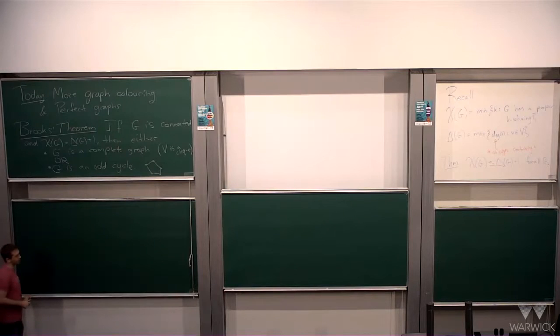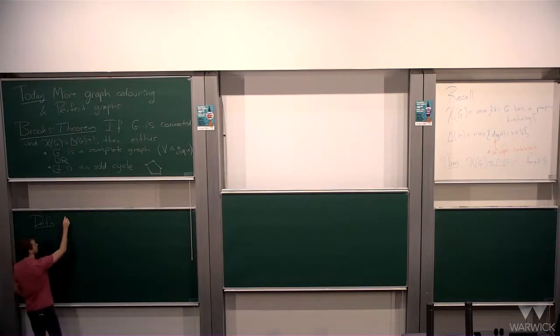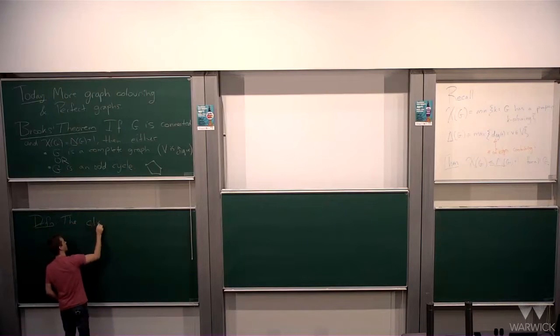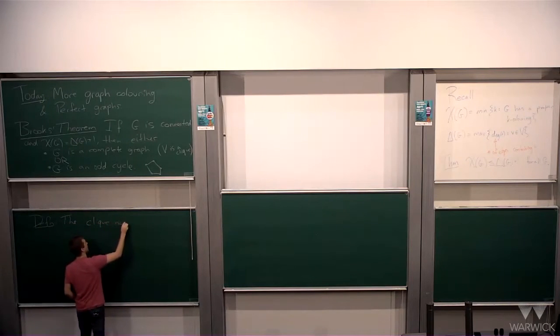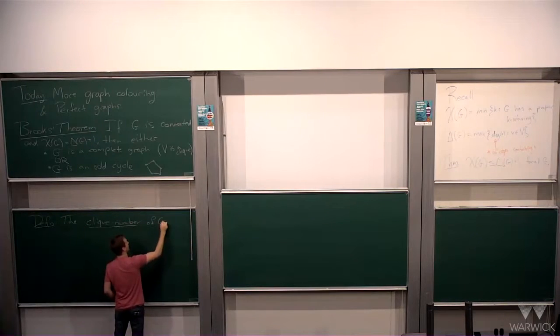There are two fairly easy lower bounds that one could prove. But for this, I'm going to want some definitions. I'm going to call it the clique number of a graph G.